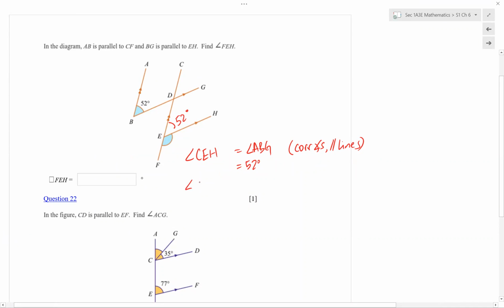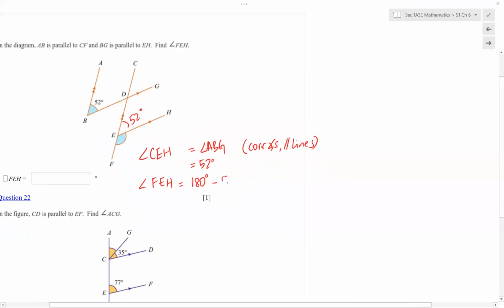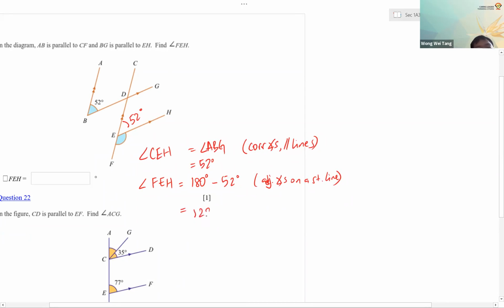Angle FEH is equal to 180 degrees minus 52 degrees. The reason is adjacent angles on a straight line. Then you get the answer of 128 degrees.